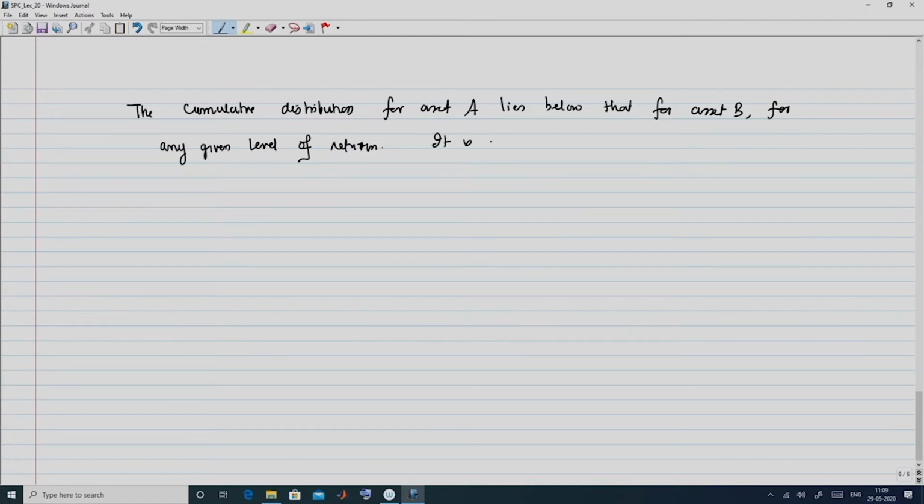So, accordingly it is said that asset A is more desirable than asset B in FSD, that is first order stochastic dominance.